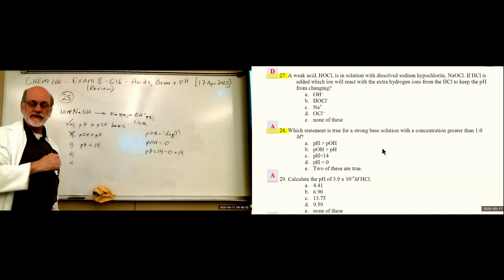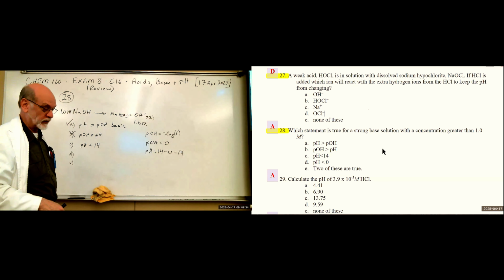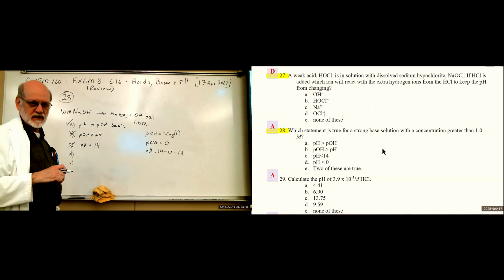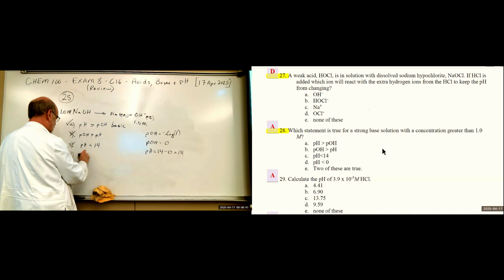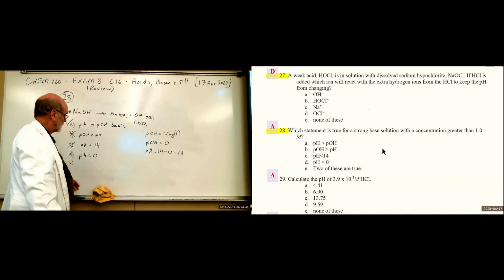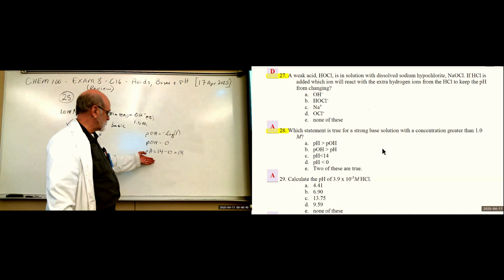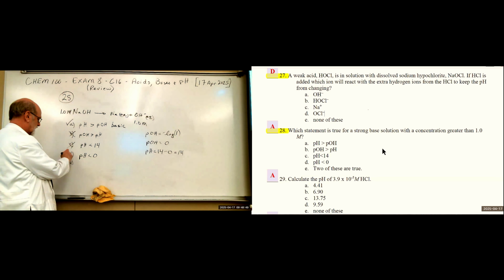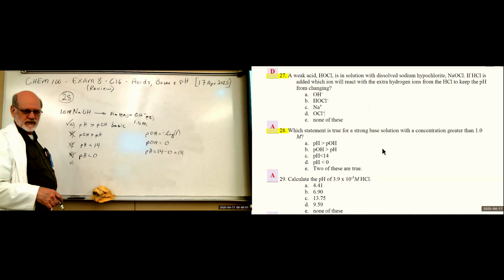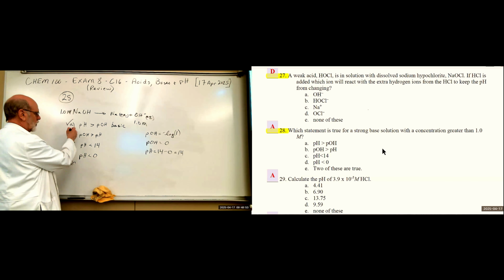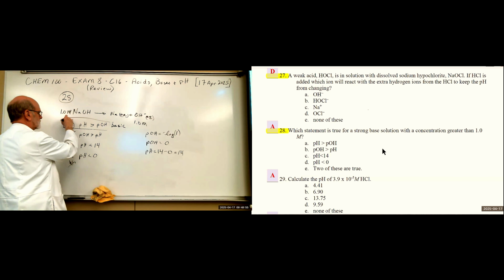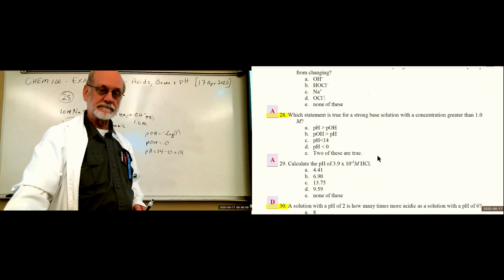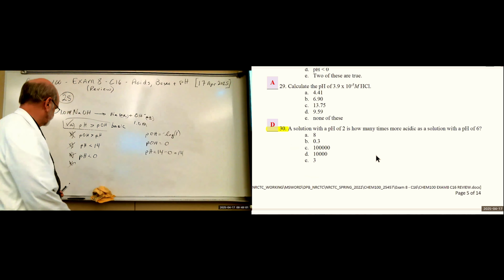So pH is not less than 14, it's equal to 14. And the last one, pH less than 0. We already calculated the pH as equal to 14. It's not less than 0, so that can't be it. And the last one says 2 of these. No, only one of them was true. This one right here. A is the only true one in that list. All right.